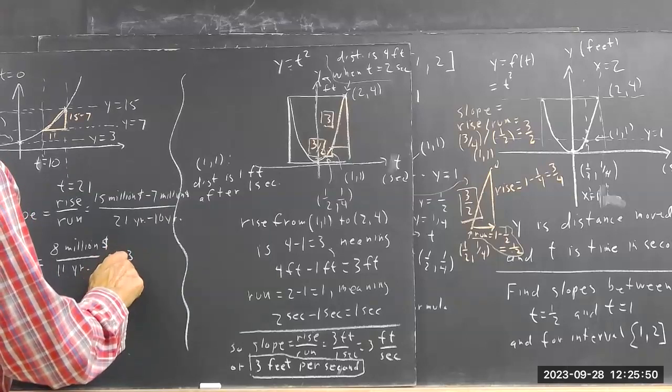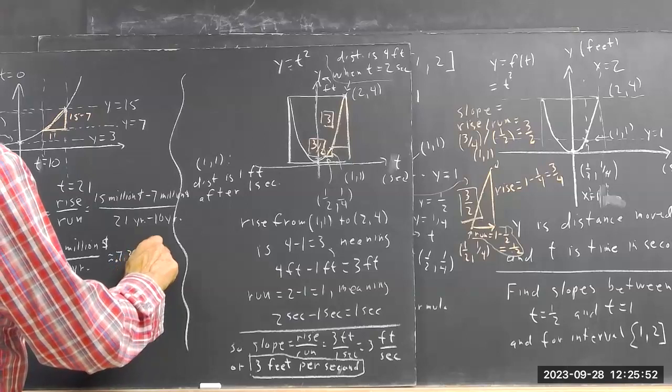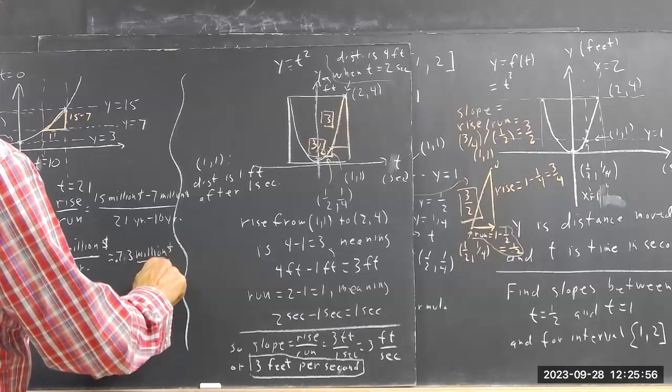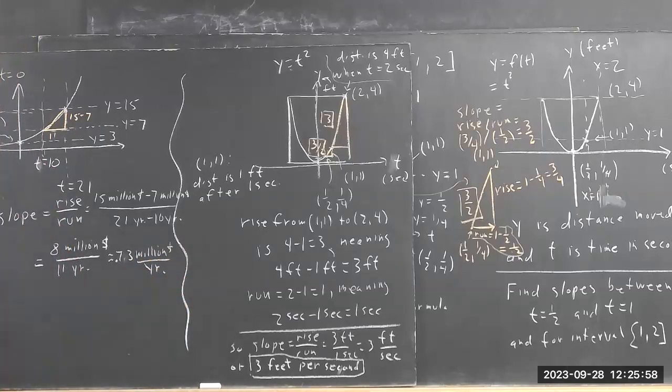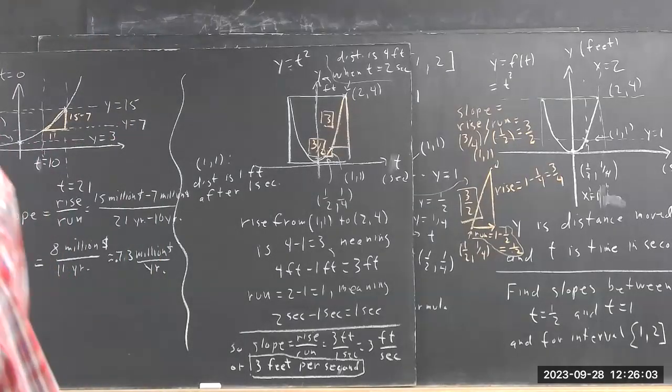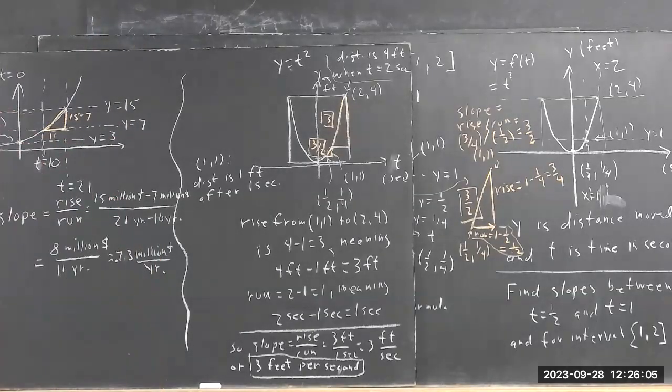Sorry, 0.73 million dollars per year, which is $730,000 per year. So that's how much money you're making on the average between year 10 and year 21. Just an example.